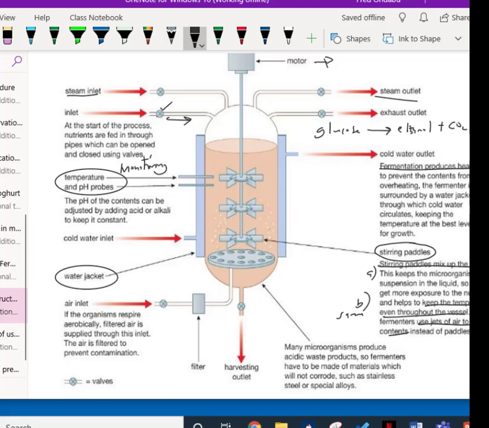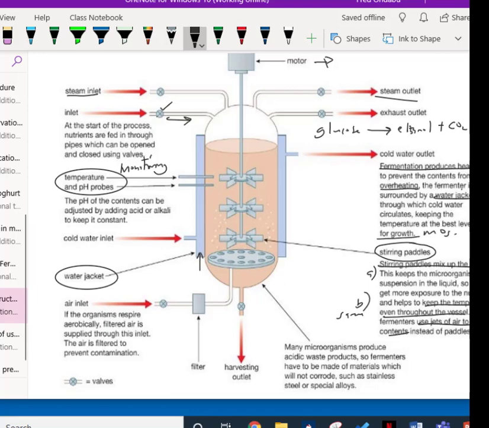To prevent the contents from overheating, remember temperature affects enzyme controlled reactions, the fermenter is surrounded by this water jacket, so that as the cold water circulates around it, it keeps the temperature at a constant level, the level that is best for the growth of the microorganisms.